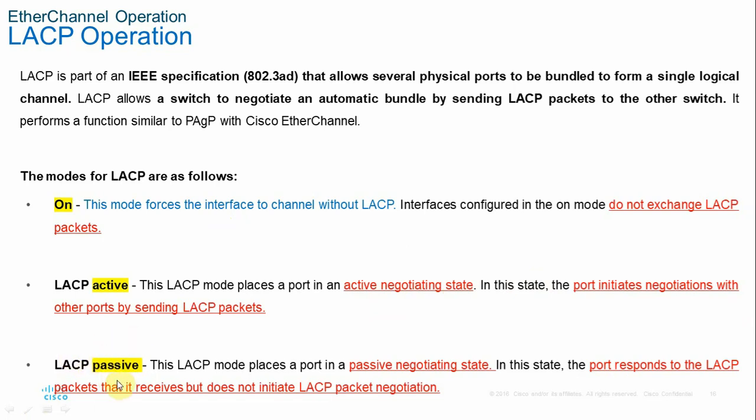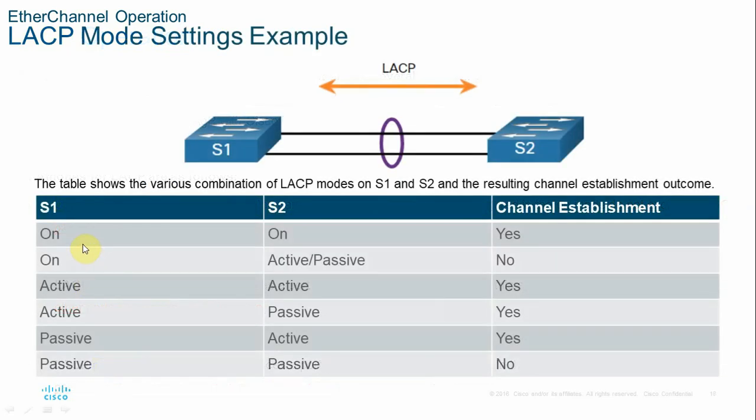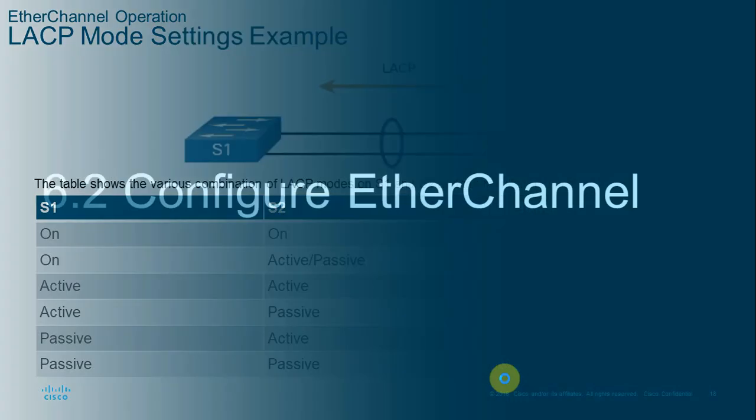Passive means it will reply, yes, I am ready. Here we also have on. On with active or passive, no. Active and passive, yes. Passive and active, yes. If both are passive, there is no negotiation, so an EtherChannel is not possible.